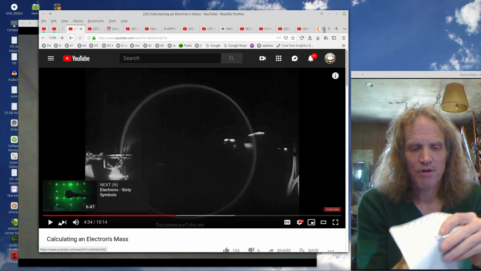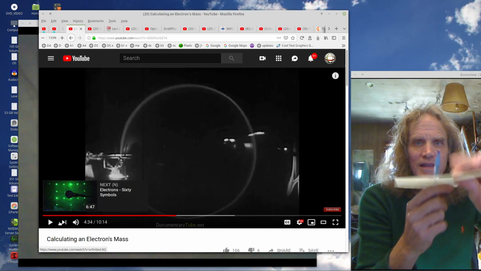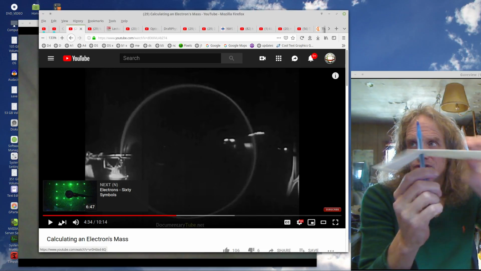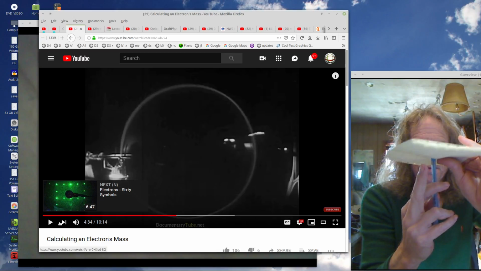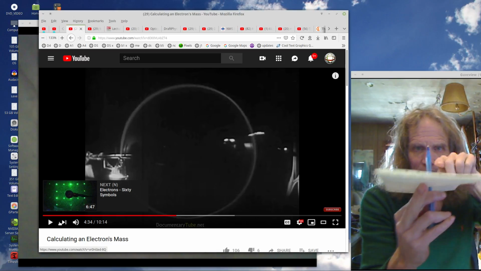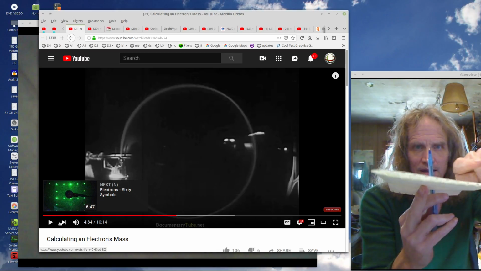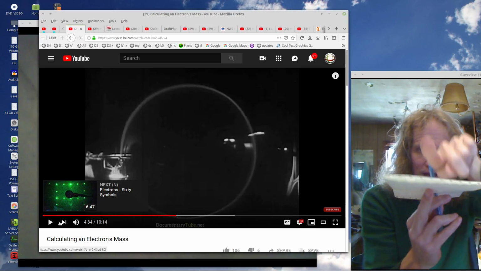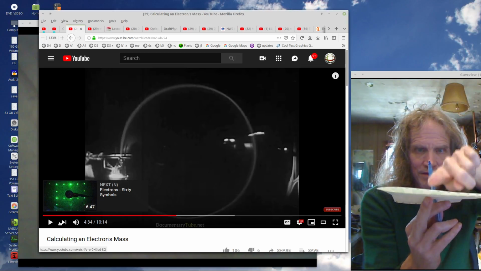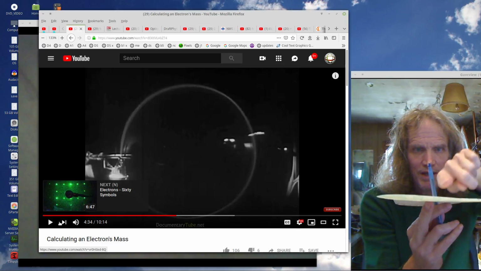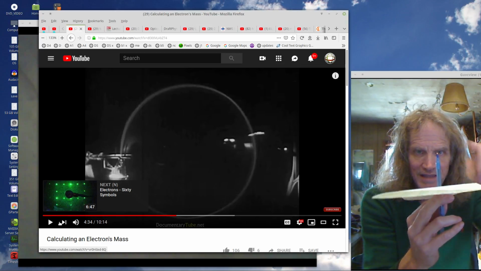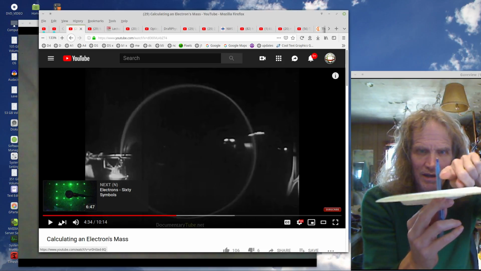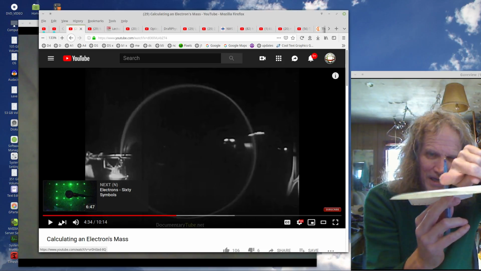I could just poke a hole through it, and you have to think of it as just rays coming out this way, a bunch of layers of rays coming out this way, red and black, and they're all oriented the same. All the blacks are here, all the reds are here. So they have the same orientation.